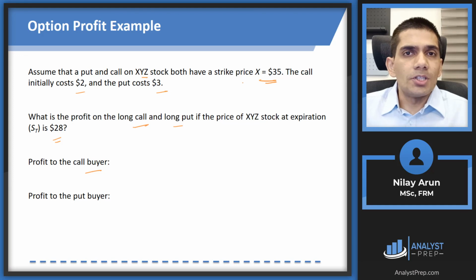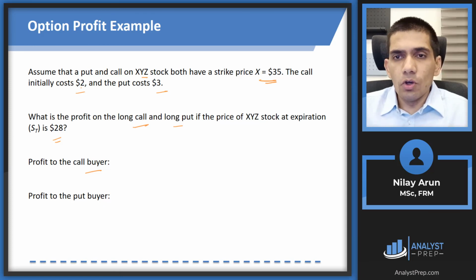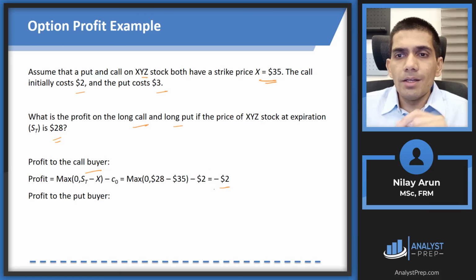Why would I want to purchase that at 35? So in this case, I'm not going to use the option. Now, if I don't use the option, remember, we have already paid the option premium and the call cost $2, which means we end up losing $2. So that's minus $2 because we just let go of the option. We let the option expire without using it. So we have essentially forfeited the option premium.